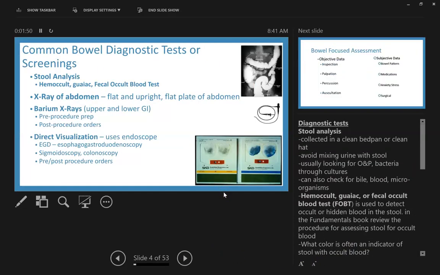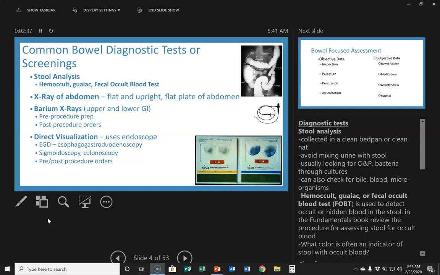Okay, common bowel diagnostic tests or screening. So for stool analysis, I've only got 3 listed there. Hemoccult, with the slides that I pictured here.